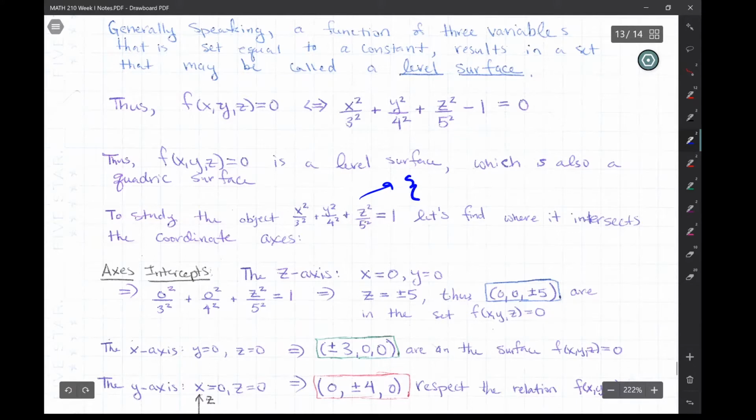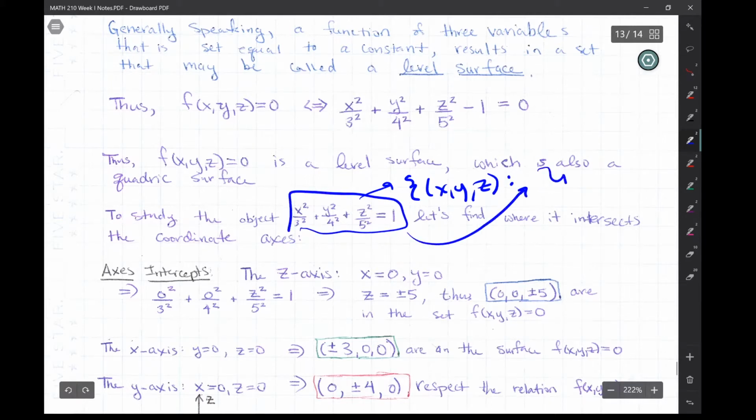This is basically the set of points x, y, z such that you respect that relation. So for example, would the point 0, 0, 0 be in the set? Well, we could plug 0 for x, 0 for y, and 0 for z, and so we'd have on the left hand side 0. 0 does not equal 1, so 0, 0, 0 is not in this set that respects this relation.